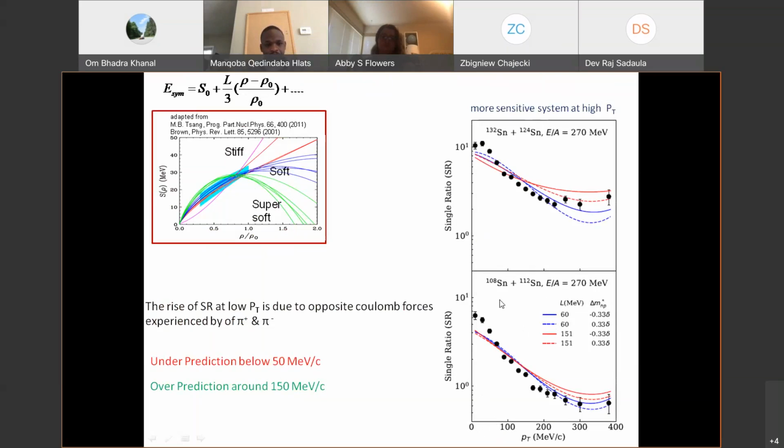And all these curves underpredict the data below around 50 MeV/c and overpredict the data around 150 MeV/c.